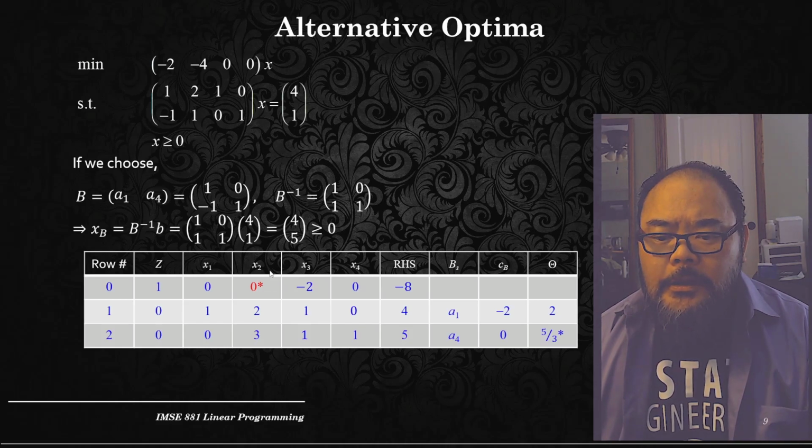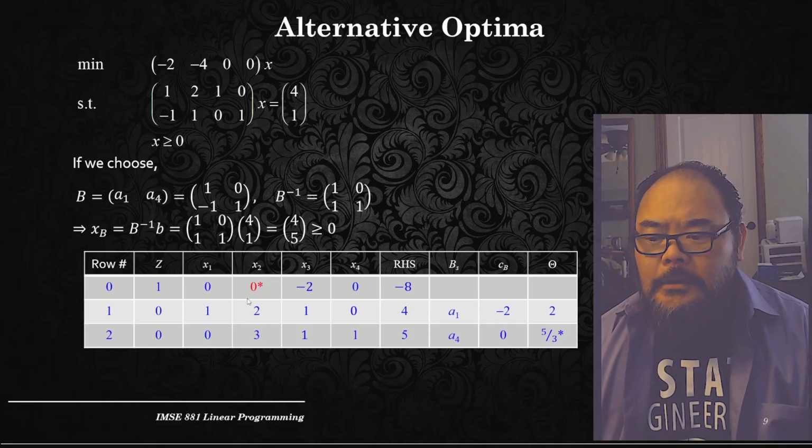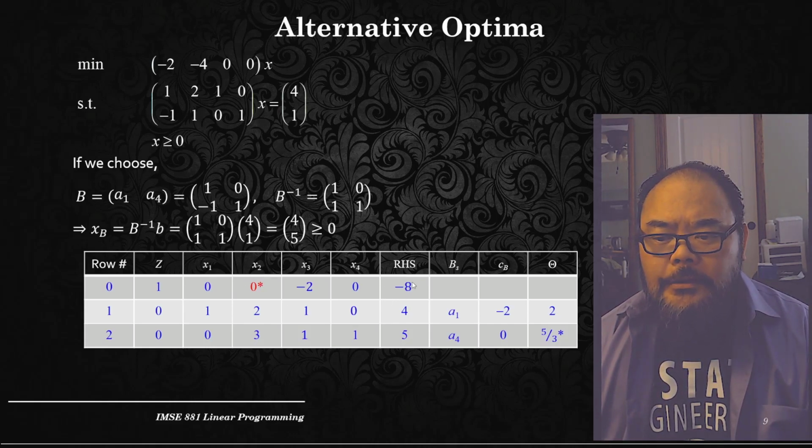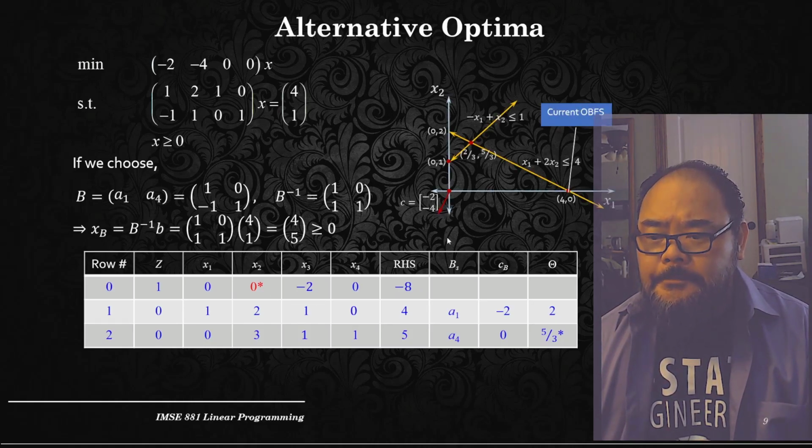So the only possibility for an entering variable has a reduced cost of 0, which means we can introduce x2 into the basis, but the objective function will not change at all, staying at negative 5. So for this situation, let's take a look.